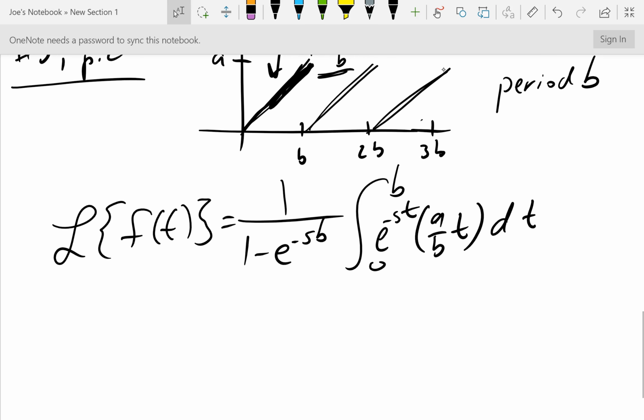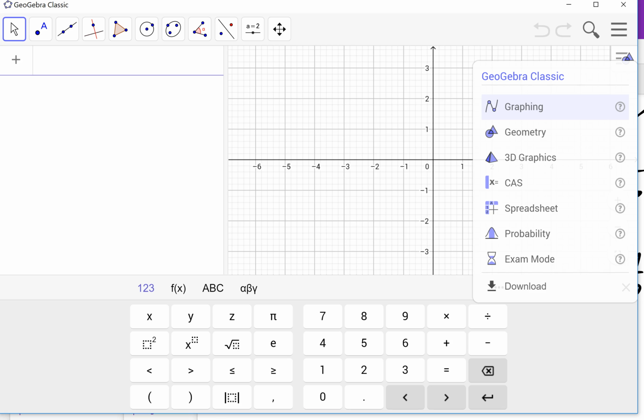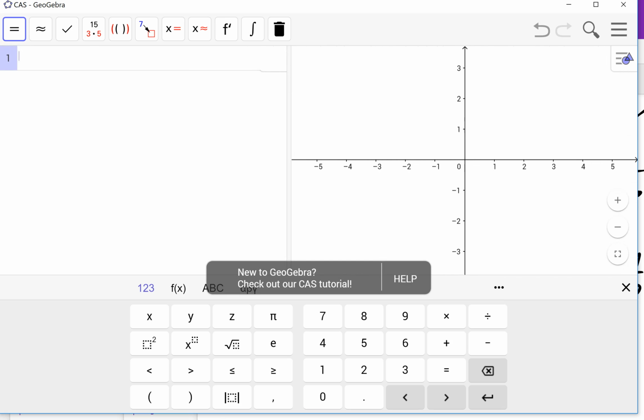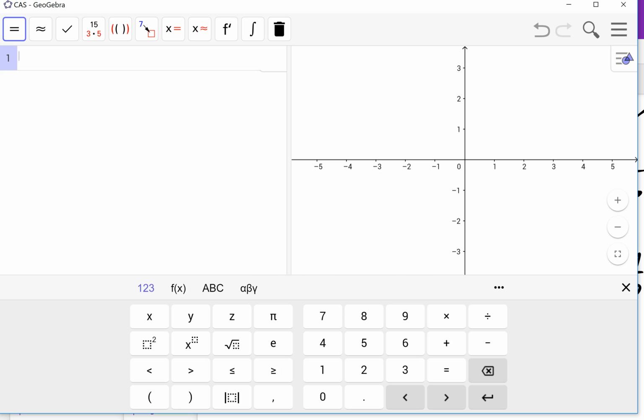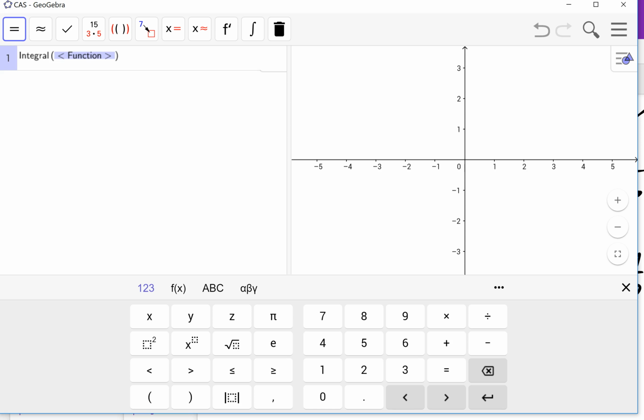If we use GeoGebra to help us do that particular integral, because I don't feel like doing it by hand in this particular case, let's get the CAS up. We want to do the integral of e to the negative st times a over b times t.